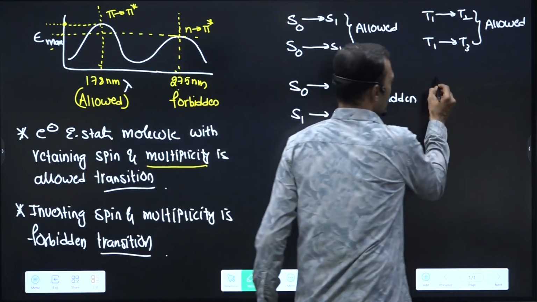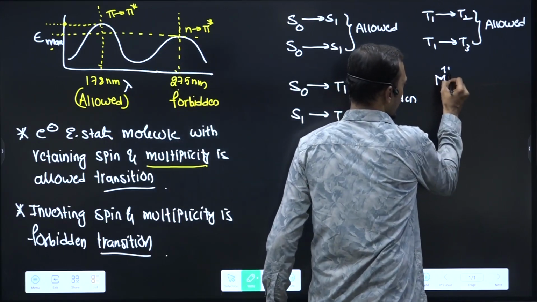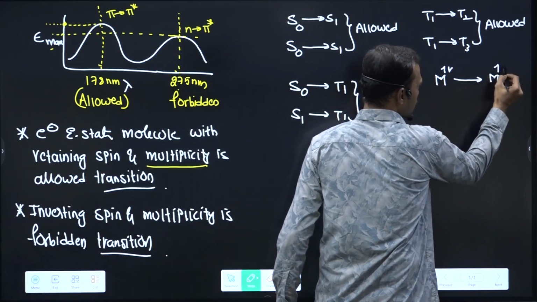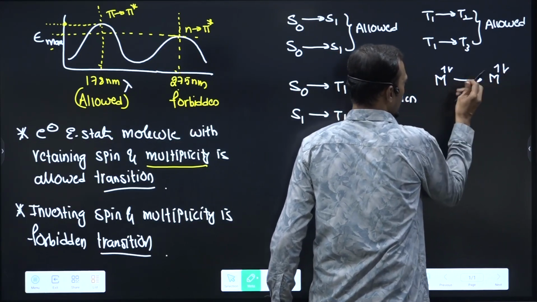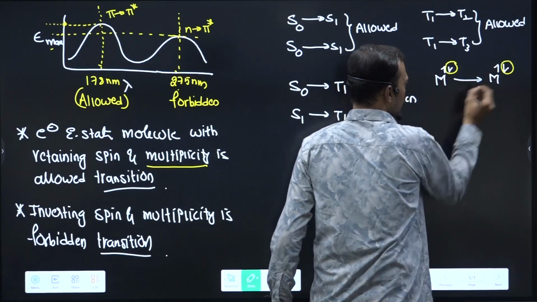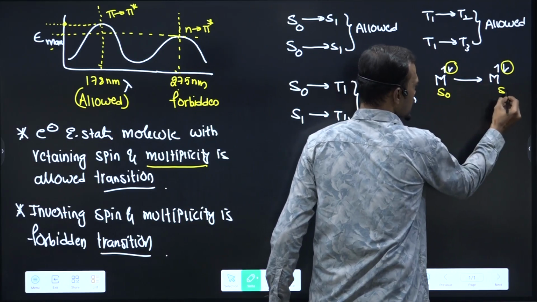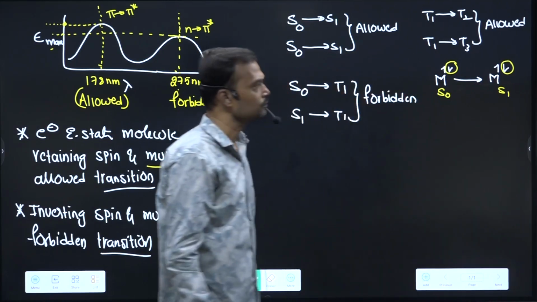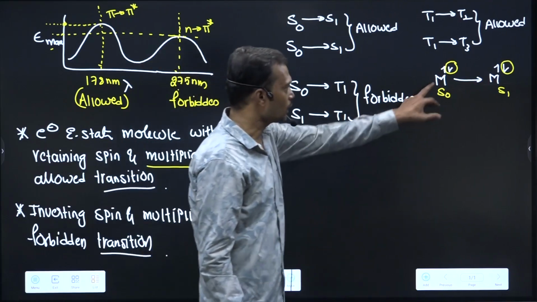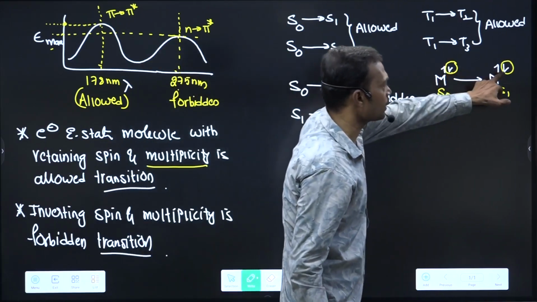Now I am writing a ground state molecule with clockwise and anti-clockwise electrons, and an excited molecule. You focus on only one electron here. This is the S0 state and this is the S1 state. Is it allowed or forbidden? Ground state anti-clockwise, excited state anti-clockwise.